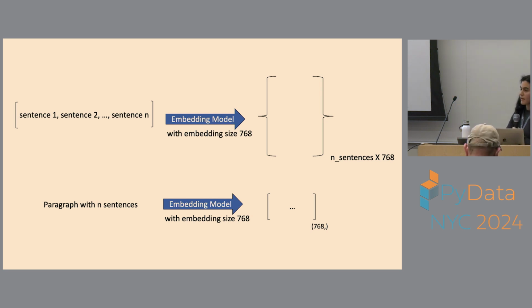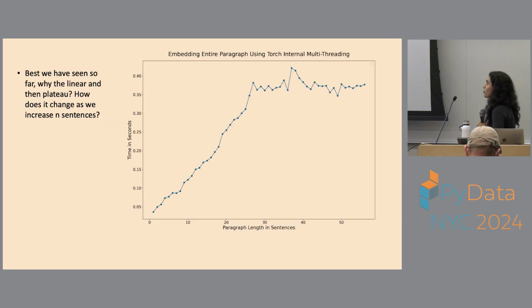If you embed the entire paragraph as a whole, because there is really no distinction between sentences, what you get is just a vector of 768. And so this is the benchmarking results for that. In the worst case, it takes 0.4 seconds, which is quite a bit of a gain, and that's rather expected because instead of embedding a matrix of n sentences by 768, you really only have a vector of 768, and so embedding that is faster.